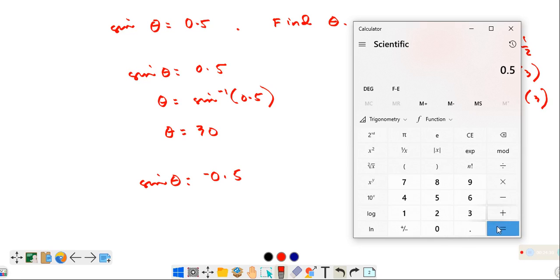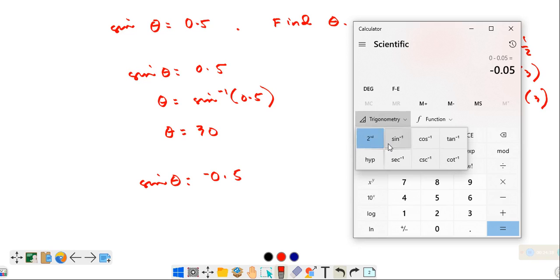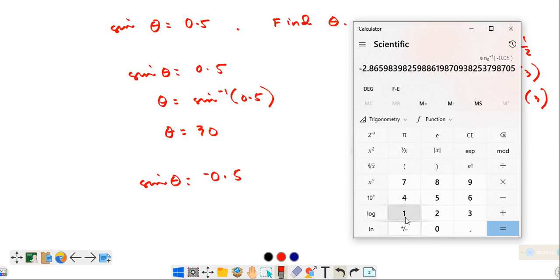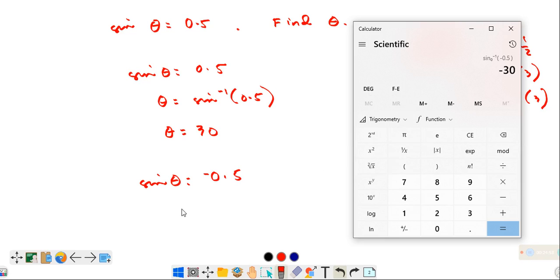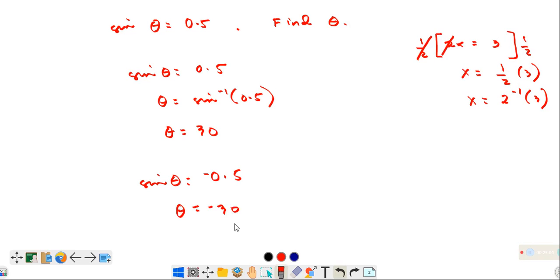Ay, mali. Negative 0.5. Tapos kunan natin ng trigonometric function value na arcsine. Negative 0.5, second function, arc sine. Yun, negative 30 siya. So, ganun lang siya nagwe-work.